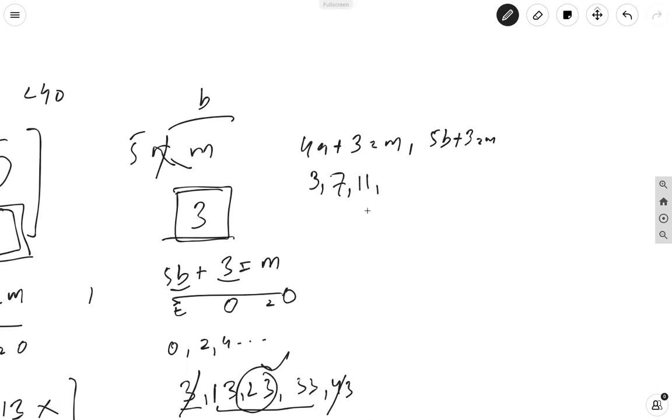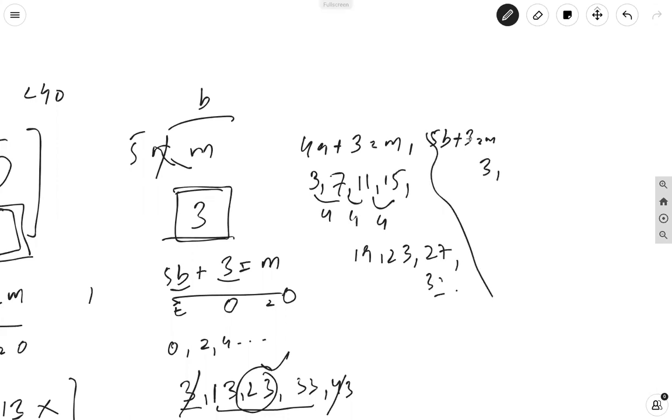When A is 3, this is 15, a gap of 4. Then 19, 23, 27, 31, and so on. And for the right side, this is 3 when B is 0, then 8, 13, 18, 23, 28, and so on. The first common term in both is 23.